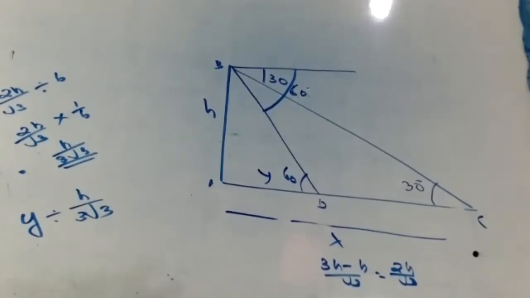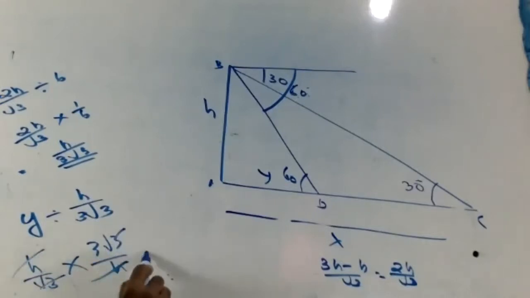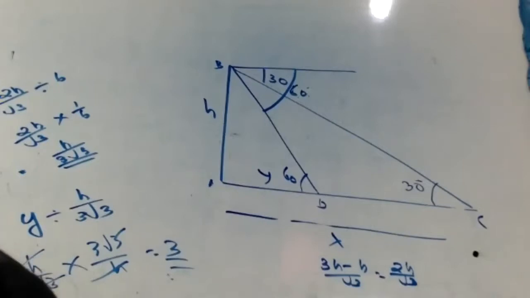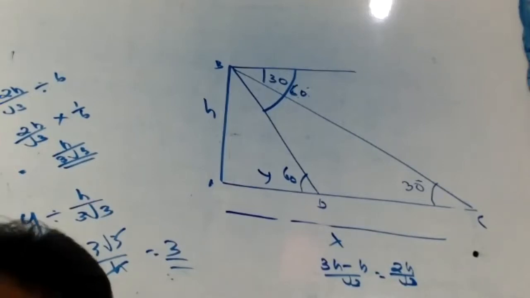I forgot. I missed that. Tell me. Check your book. Y equal H by root 3. Okay, H by root 3 into 3 root 3 divided by H. Oh, cancel. Equal to what? 3 minutes. That means after 3 minutes, all the guys reach the green cover. Maybe that is the time for us to run away from there.